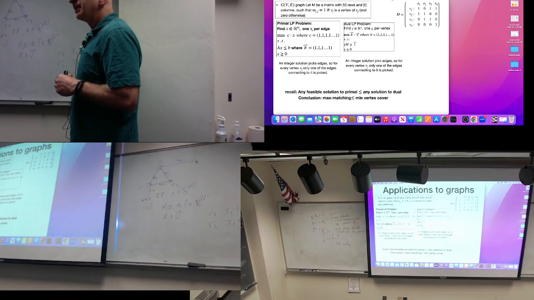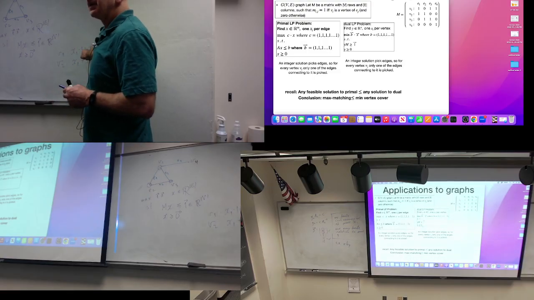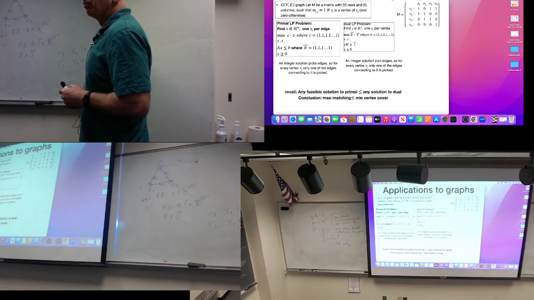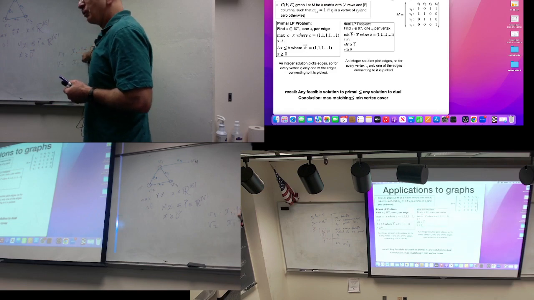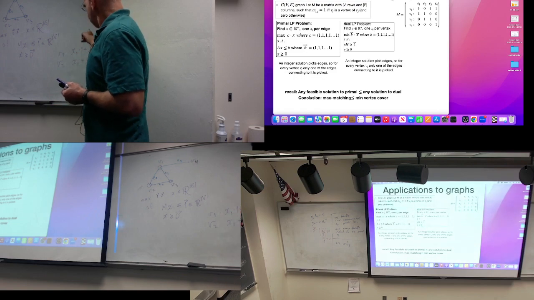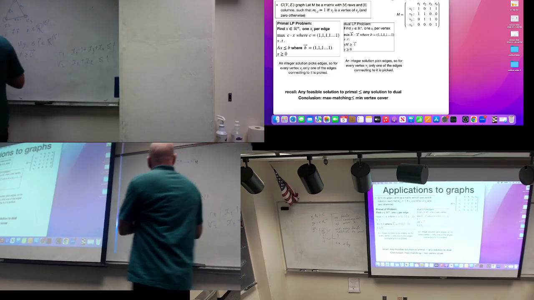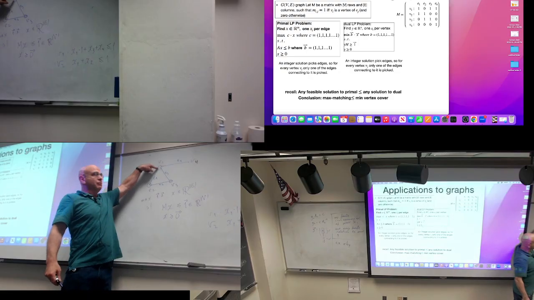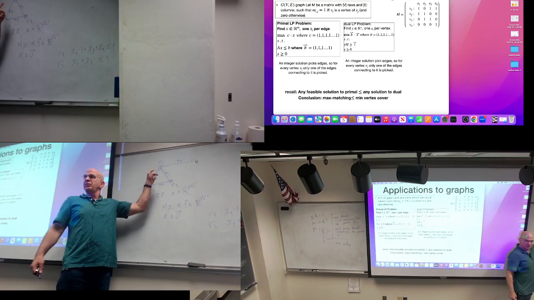So for every vertex I had such a constraint, and the sum of these numbers is smaller or equal than 1, they are all positive, even all integers. Then what does it mean? There is a variable for every edge, and out of all the edges that connect to V1, you can pick only one of them.